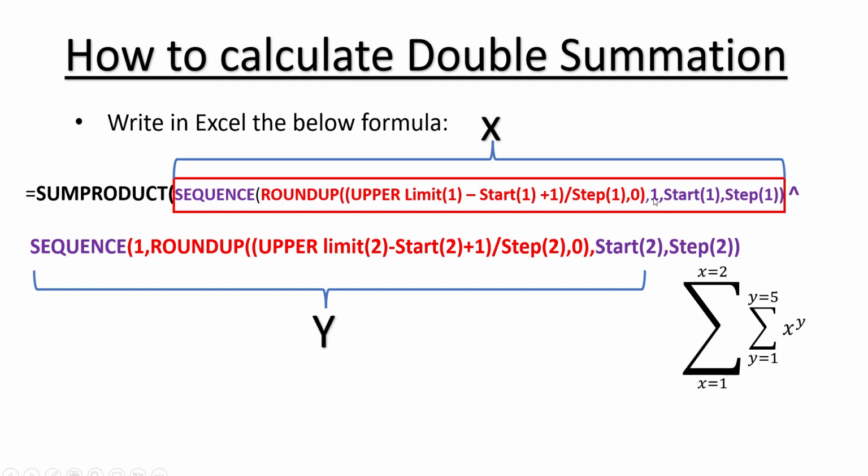Please be careful here: we put 1 here because we will see in another formula a different order. So here 1, comma start 1, step 1. Okay, that's the end for x.